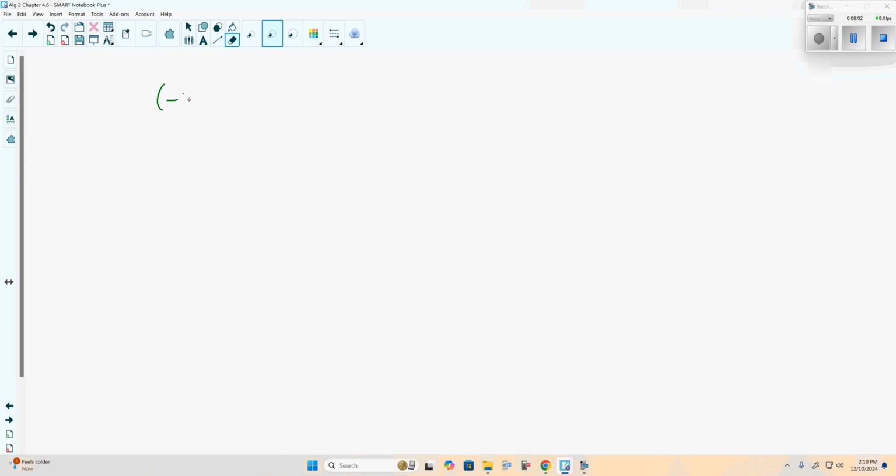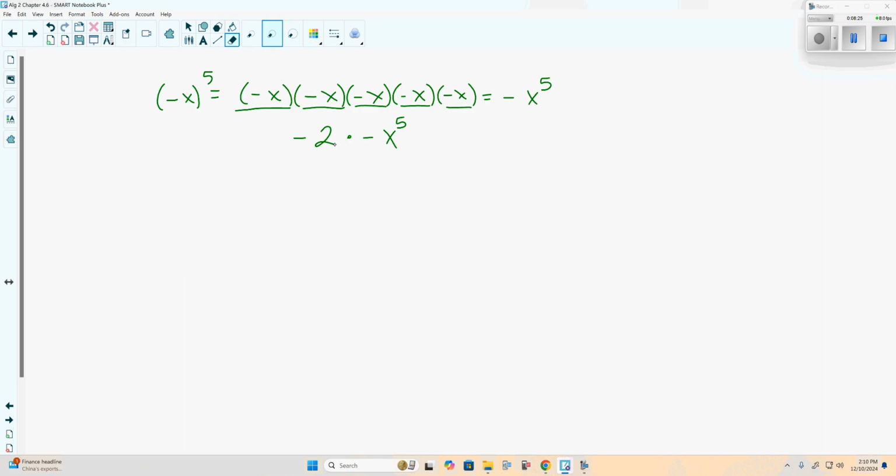Because negative x to the 5th, well, 1, 2, 3, 4, 5, that's going to make it negative x to the 5th. If I take that negative x to the 5th and multiply it by a negative 2, well, this negative and negative is going to make a positive 2x to the 5th. You all kind of see how that works. Yes? There's a whole bunch of negatives.